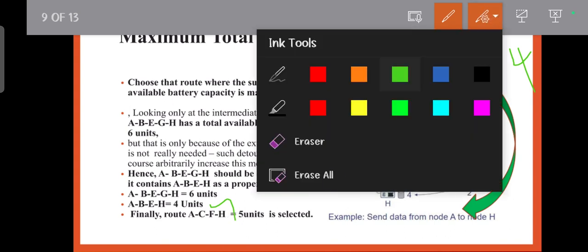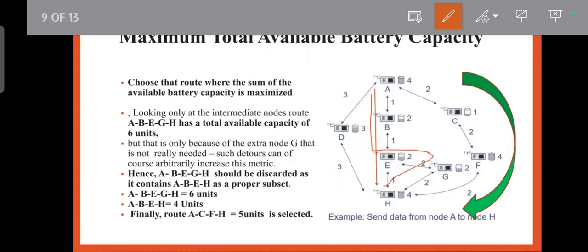Similarly, for the connection A, B, E, G and H, the intermediate nodes are B, E and G. The battery capacity is 2 plus 2 plus 2, so the total is 6.